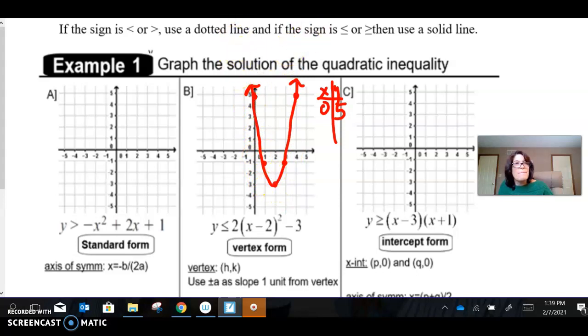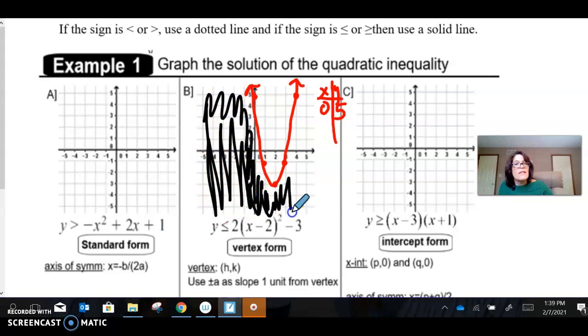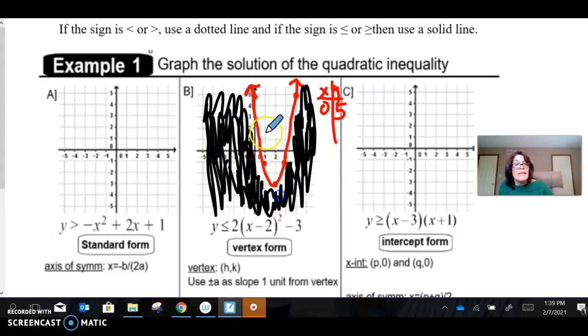The y coordinates less than the y coordinates on this graph are underneath. It's everything underneath the parabola, including the parabola.